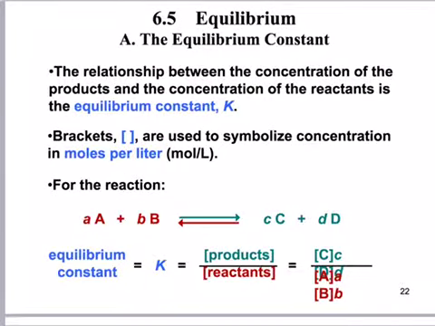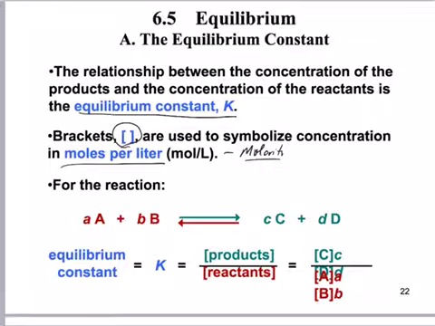The relationship between concentration and the equilibrium is given by the equilibrium constant, K. Now, we use brackets to symbolize concentration in moles per liter, or molarity.